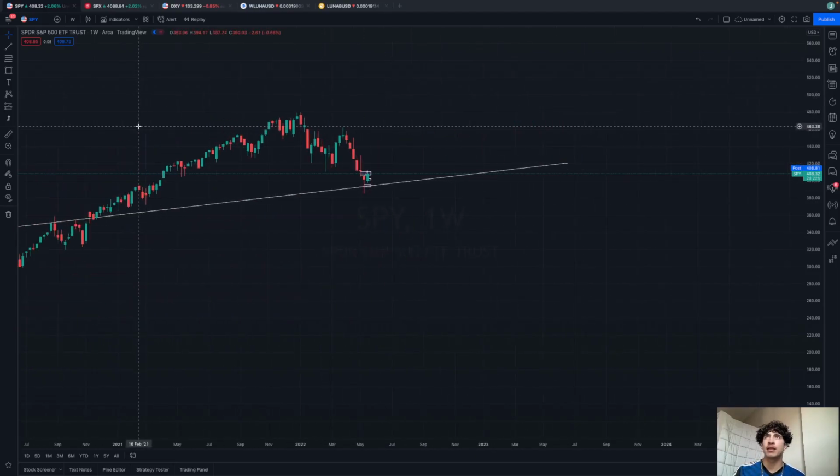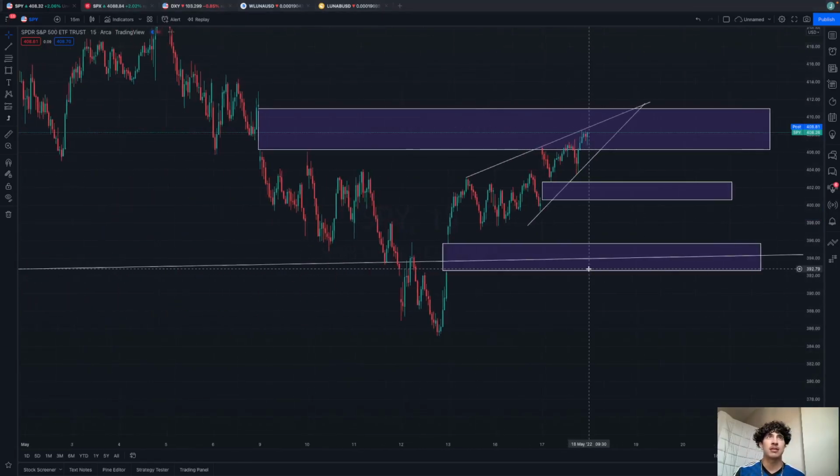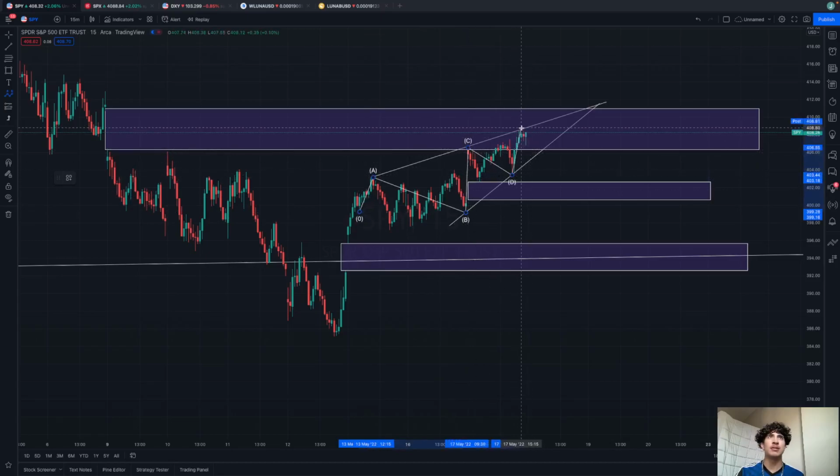I don't know what you want to think of that, but it's something to keep in mind. And still, on the shorter time frames, we have not had a pullback. Right now, we may be in a rising wedge, which is bearish. You have your A, B, C, D, E, you hit that top trend line and you bounce down.